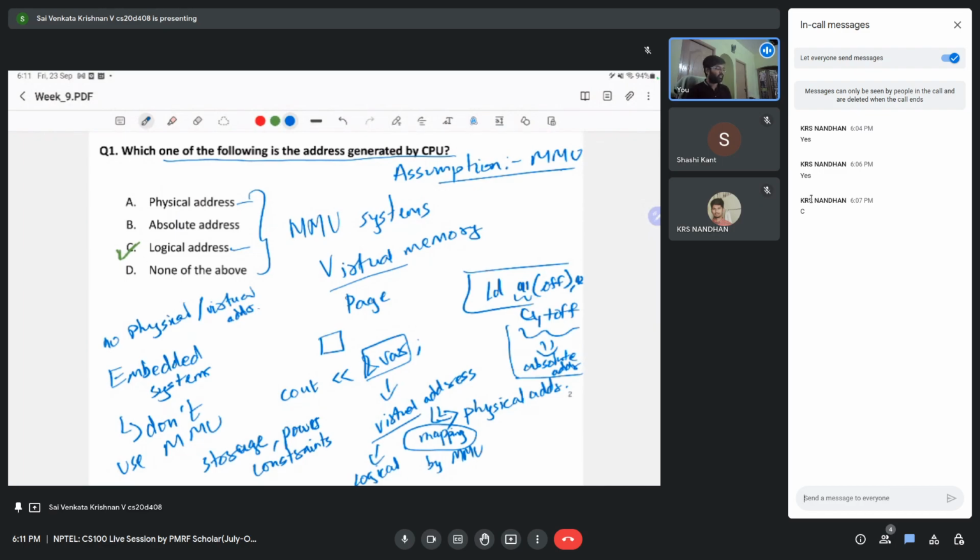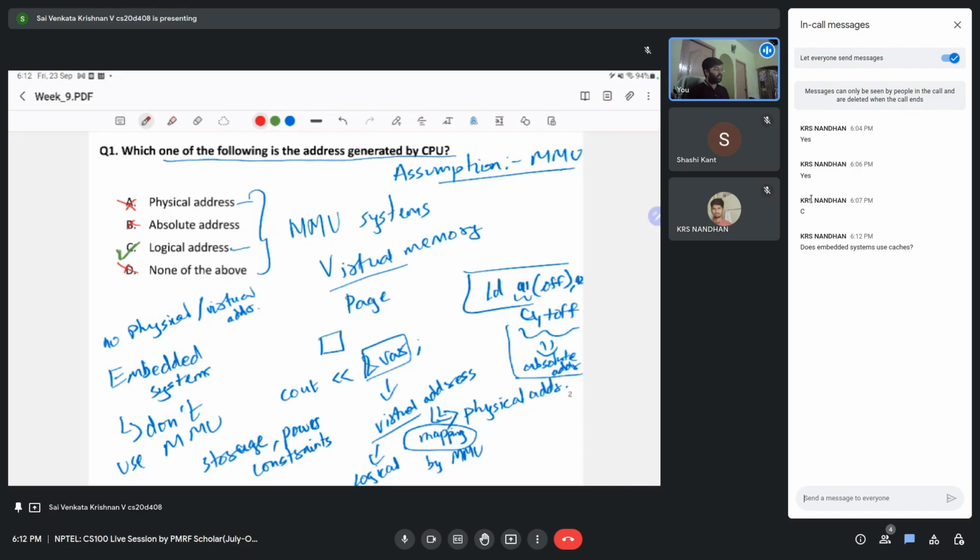So option C is the correct answer, based on the assumption that the MMU is used in the system. Just for your info, I explained that in some systems that don't use the MMU, you have the notion of absolute and relative addresses, but not logical and physical addresses. But as far as this question is concerned, option C is the correct answer. The other options are wrong. So, any doubts in this question?